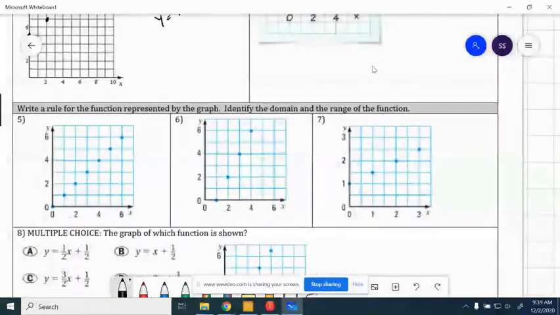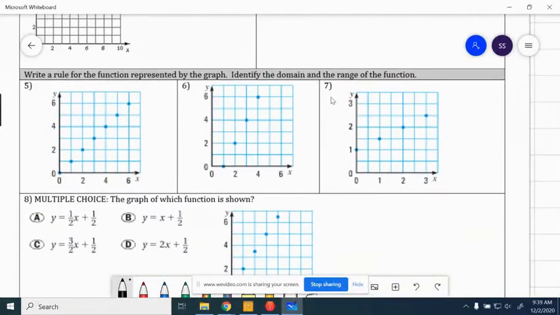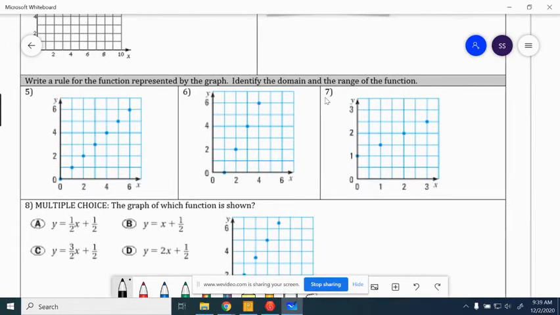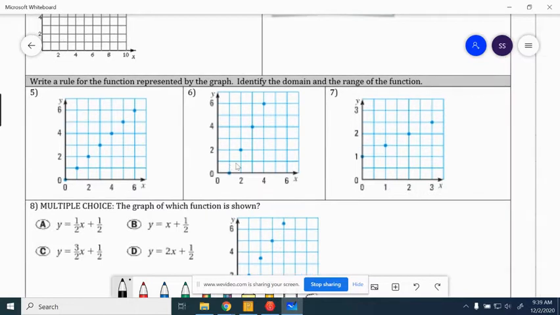All right, moving on. Write a rule for this function. So you guys can do this a few different ways. What I would do is just go ahead and make a table. You got your x values and your y values, or your domain and range. So we got (0, 0), right? This is (0, 0).